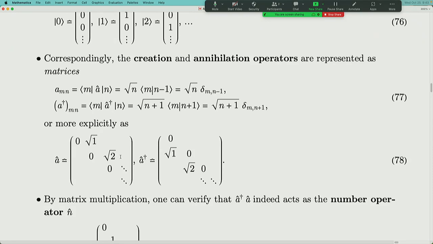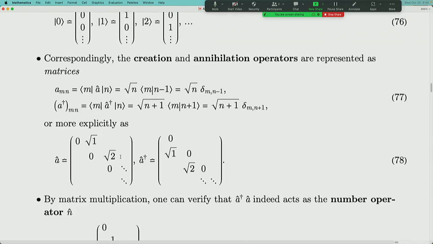You can see it's off diagonal, just side by side on the plus 1 side of the diagonal. It's like the first off diagonal line. And then A dagger will be the negative 1 off diagonal line, which also has this form you can derive from there.